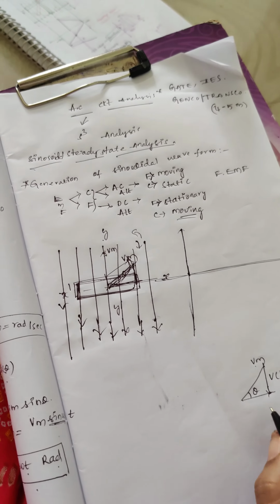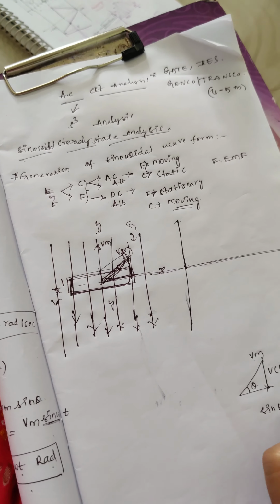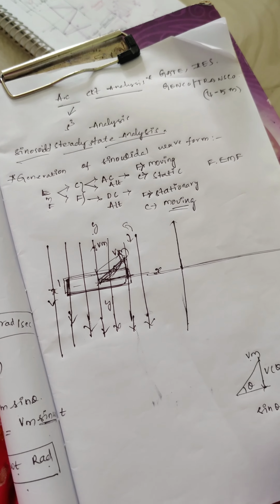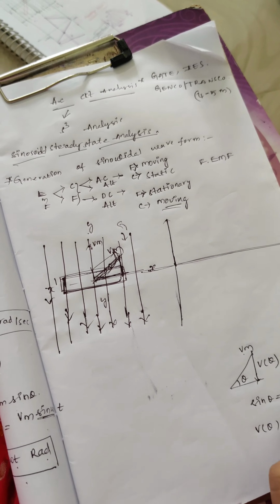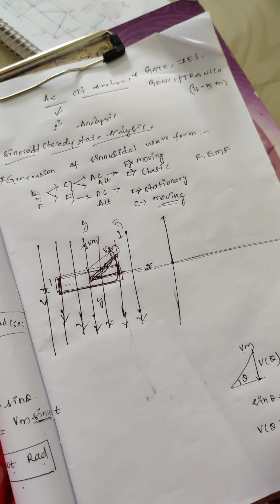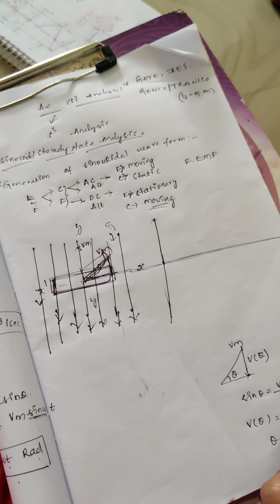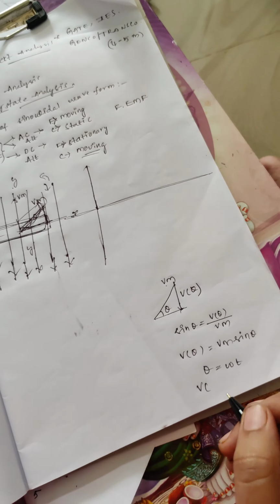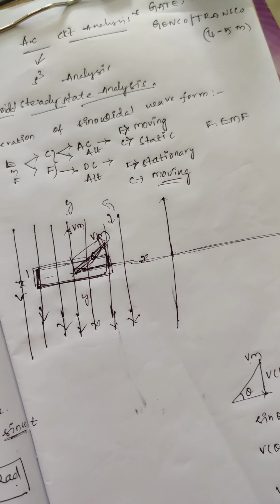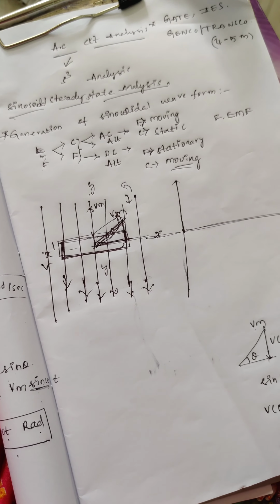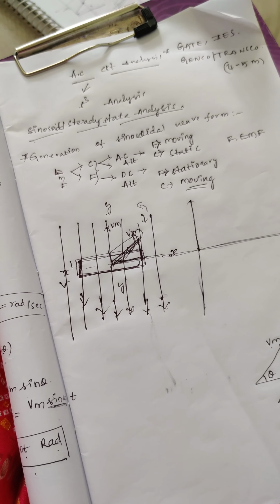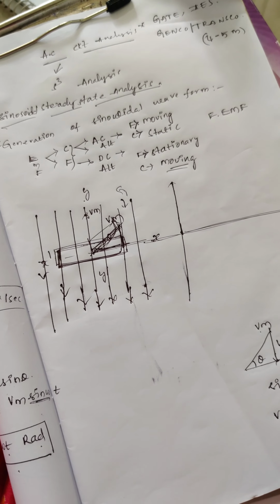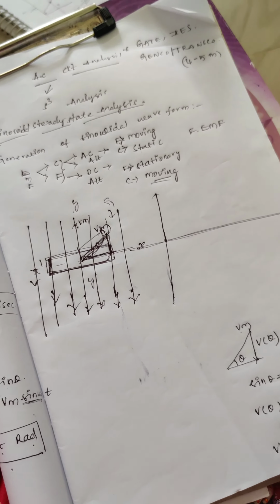So here sin theta equals V of theta by Vm. V theta equals Vm sin theta. We know theta equals omega t. So V of t equals Vm sin omega t.